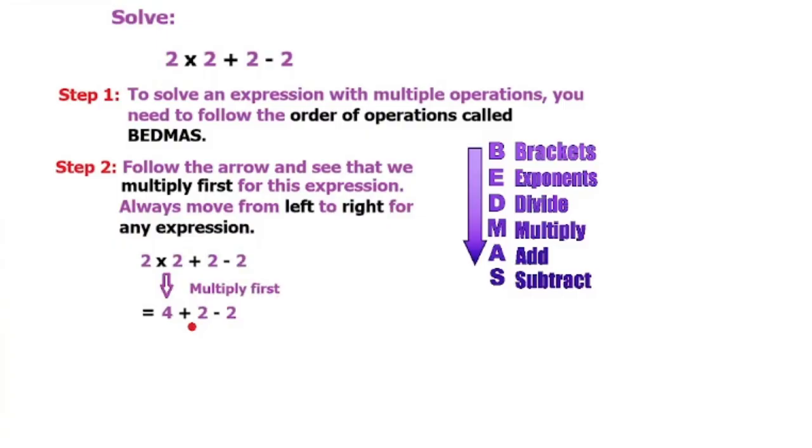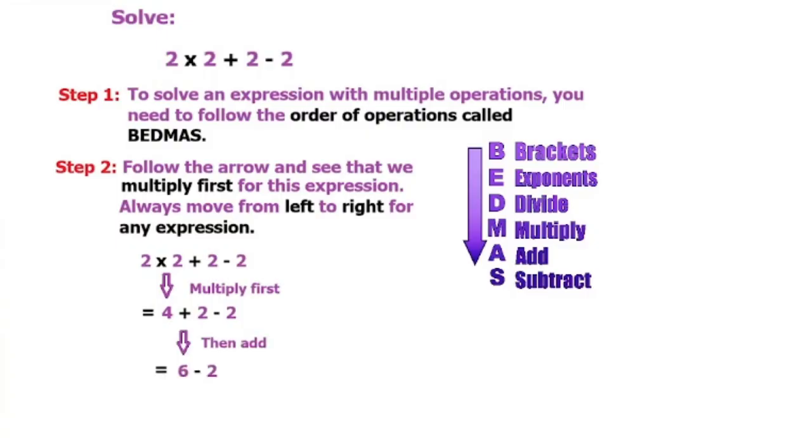So then we complete our sentence by putting down plus 2 minus 2. Now the next thing to do, if we look at this expression from left to right, is add. The next thing we do is add after we multiply. So we could just add these two together, and they're equal to 6.